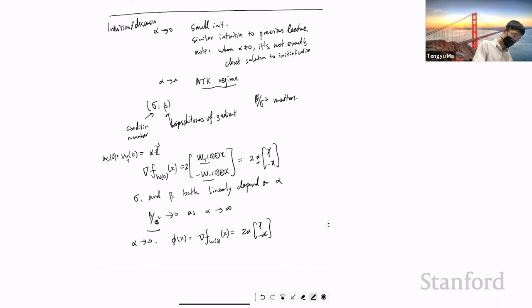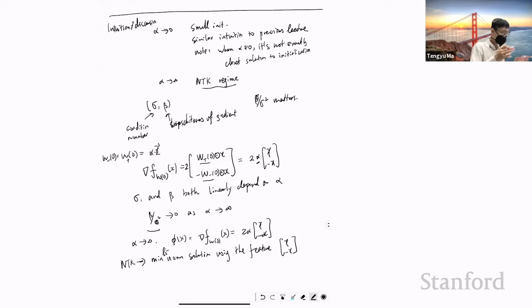If you believe in the NTK perspective, you should get the minimum norm solution, the minimum L2 norm solution using the feature x minus x.